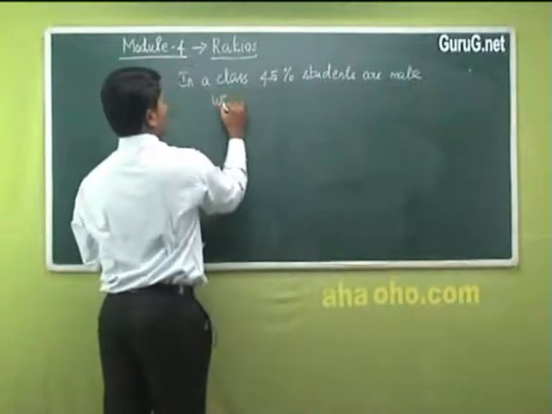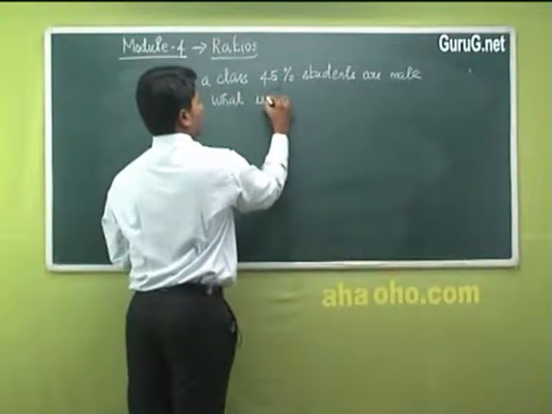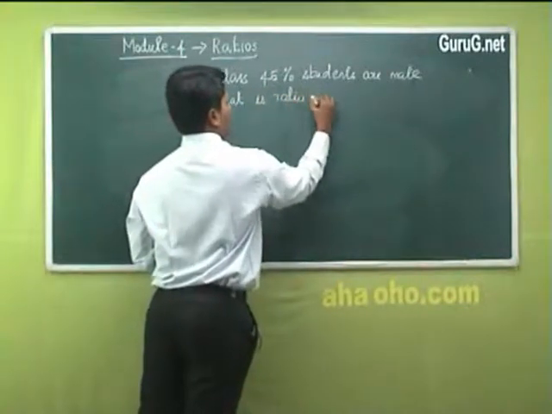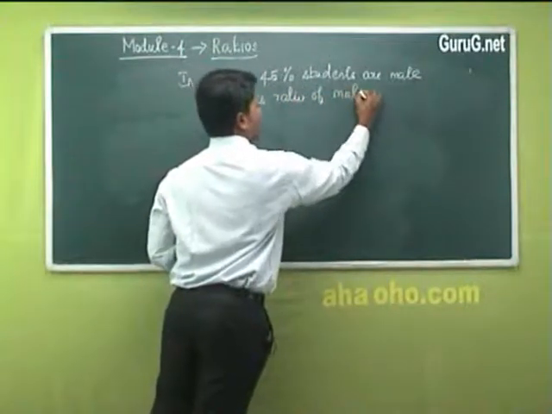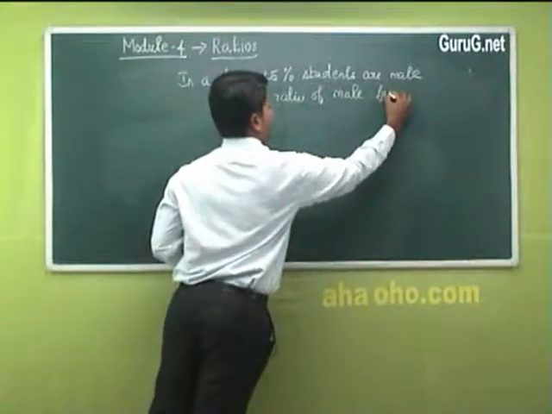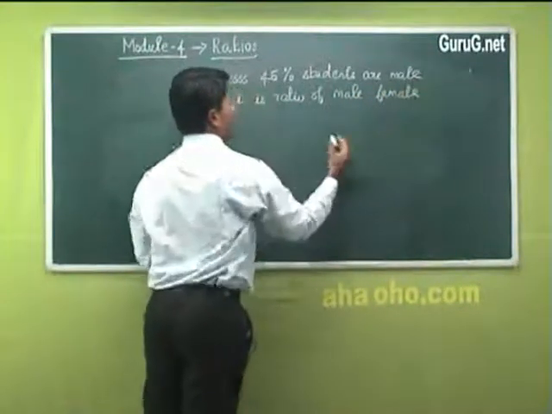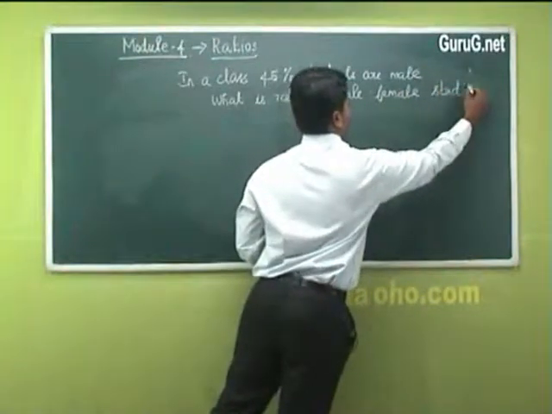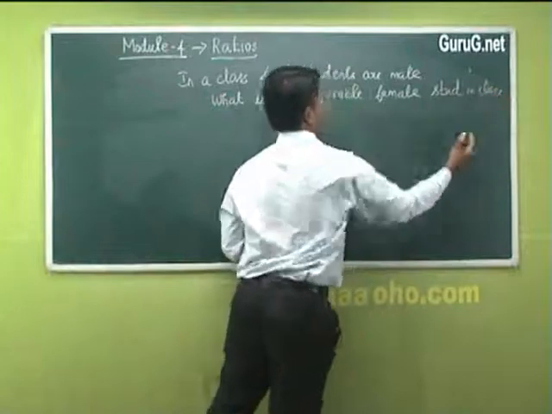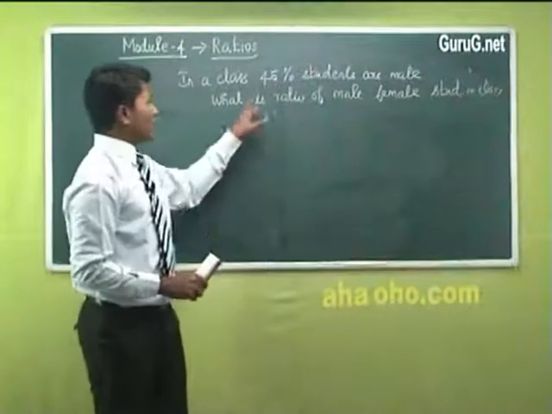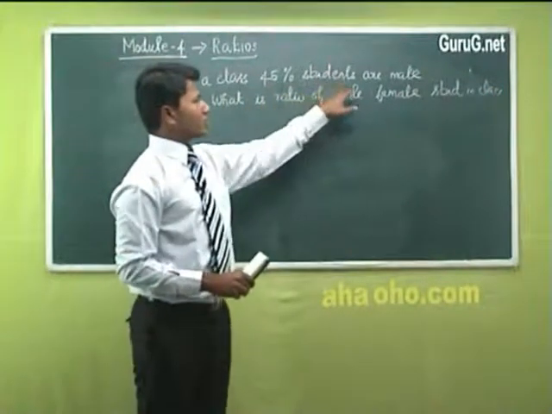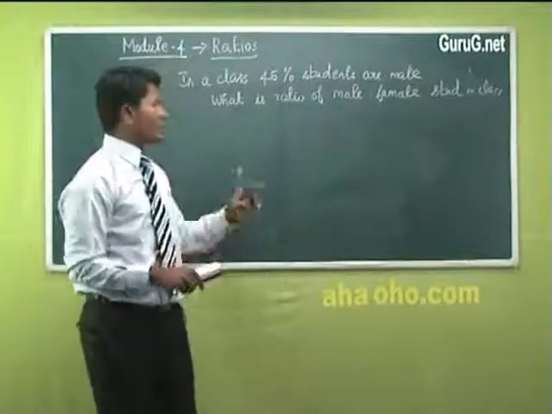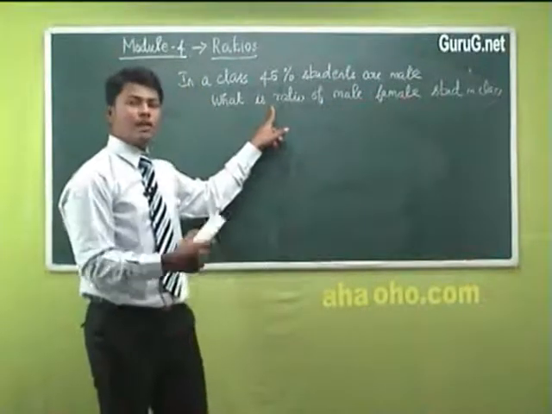What is the ratio of male to female students in the class? Fine. So it is given that 45% of the students in the class are male, and you are asked to find the ratio of male to female.